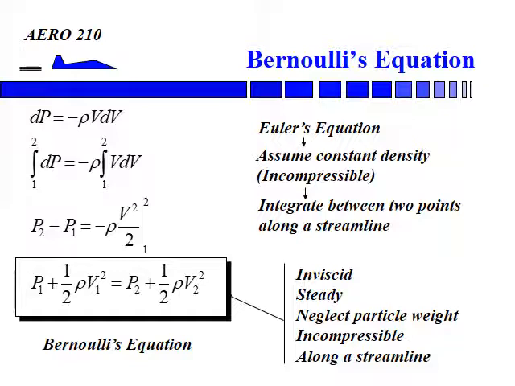P1 plus 1/2 rho v1 squared is equal to P2 plus 1/2 rho v2 squared. And there are the assumptions again, summarized on the right. Now, this is true anywhere along the streamline, so the sum of the two terms, because they have units of pressure, is a constant anywhere along the streamline, and we're going to give that a name.